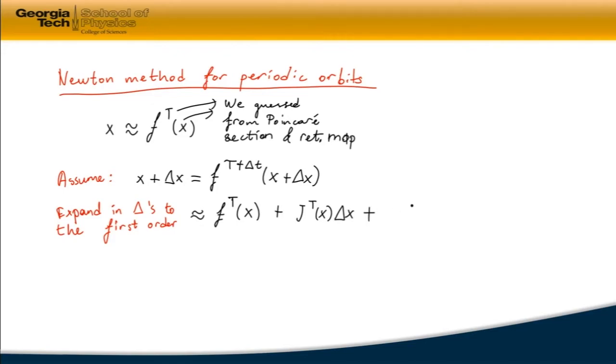Plus partial derivative with respect to capital T will give us the velocity function evaluated at the final point of the trajectory. Now let's see where these two terms come from.